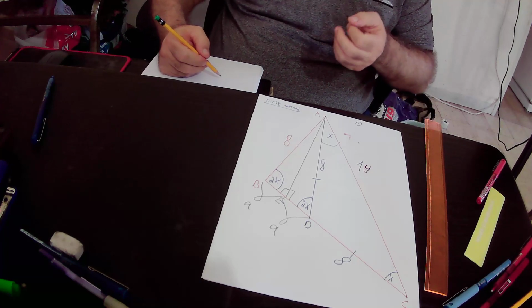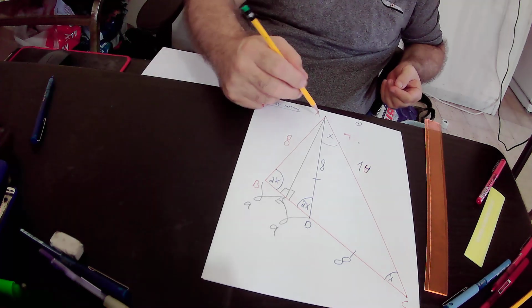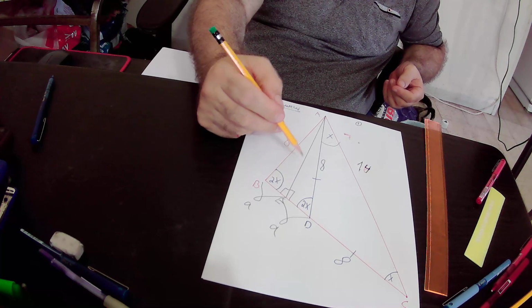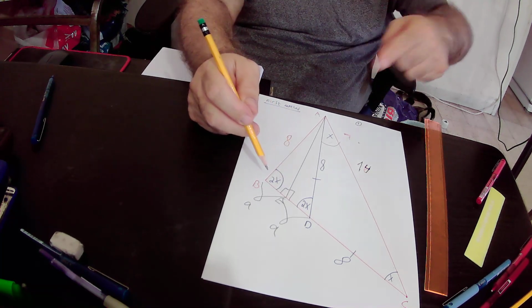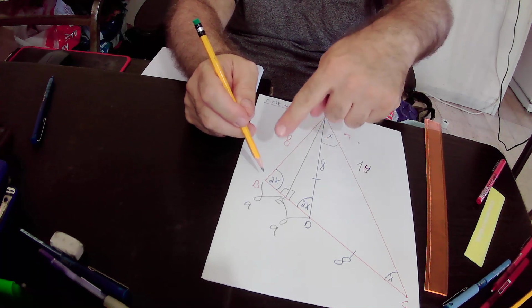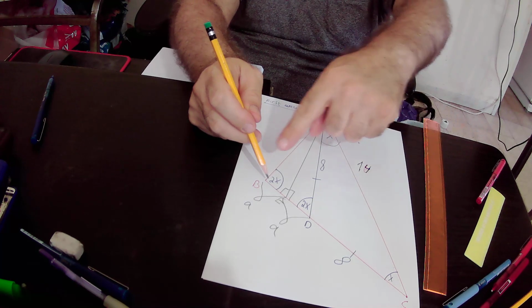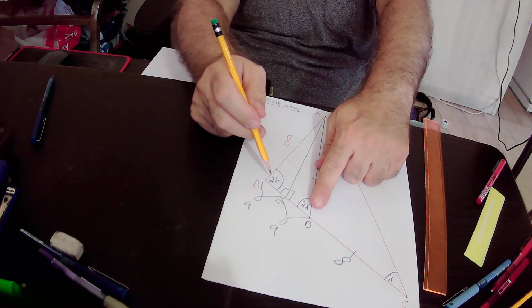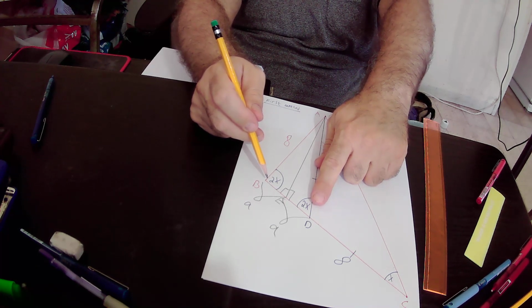Now we will focus. First of all, we draw a perpendicular to BD. The perpendicular to BD is also perpendicular to BC, because BD rests on the straight line BC.